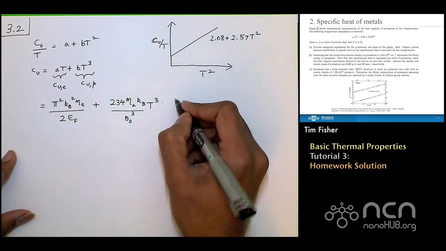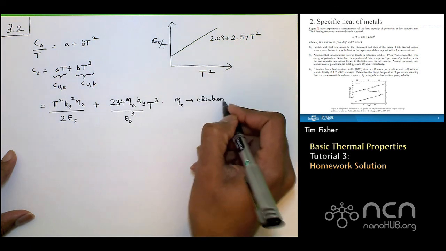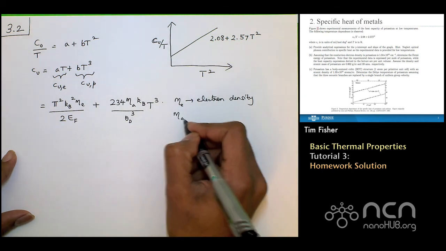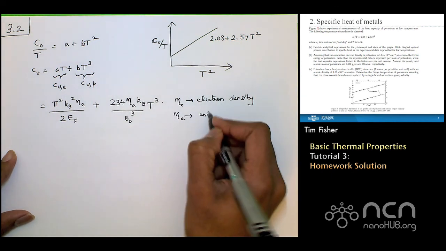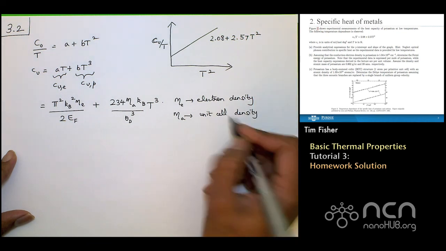So eta E here is the electron density, and eta A here is the unit cell density, but in this case of potassium it's the same as the atom density.